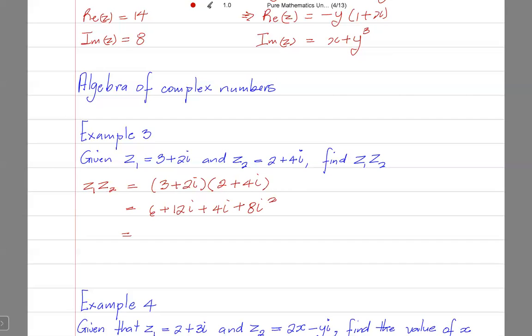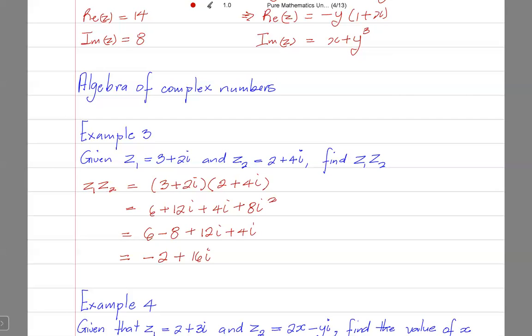So this is going to be 6 minus 8. I hope nobody has a problem here because i squared is minus 1. 8 times minus 1 is minus 8. So it's 6 minus 8 plus 12i plus 4i. And so my final answer is minus 2 plus 16i.